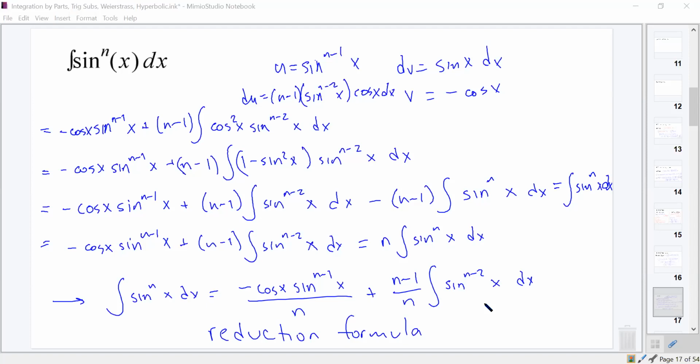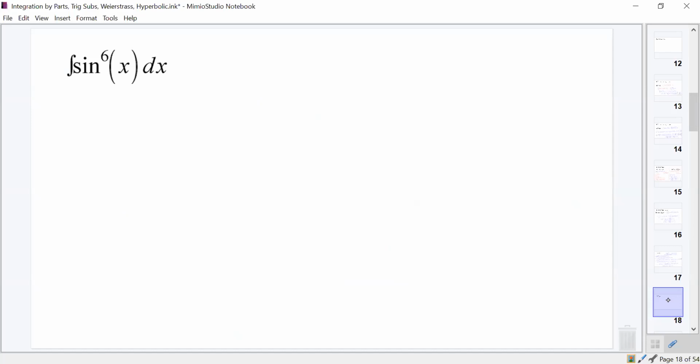So let's see if we can use it once and get it to work. We're just going to do it with sine to the 6th of x. We're just going to use the formula.